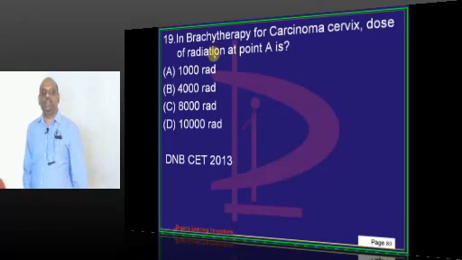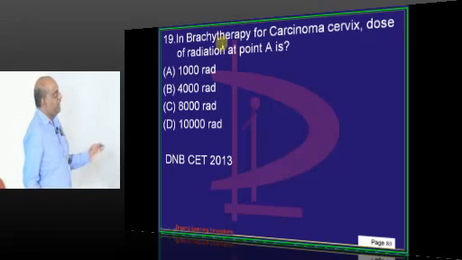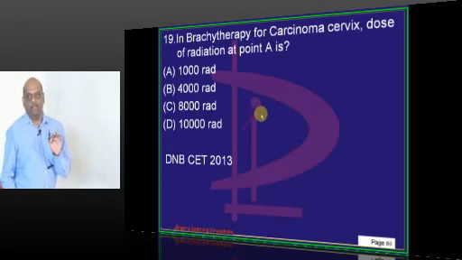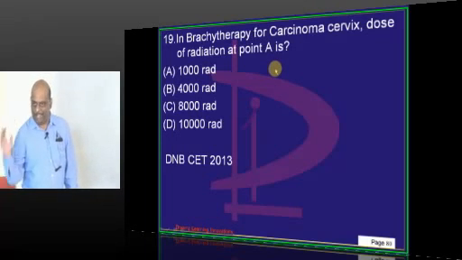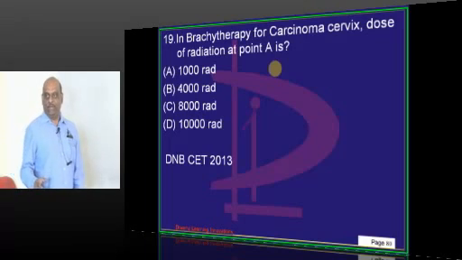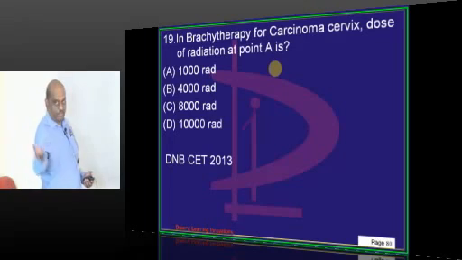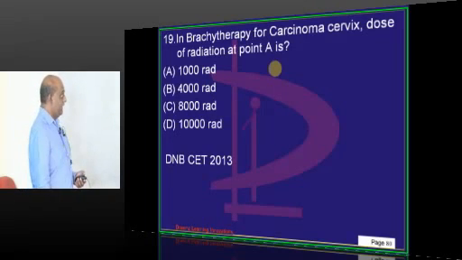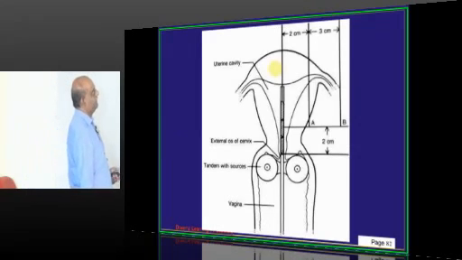Now comes the masala question of DNB CET, every entrance. Whenever you do brachytherapy of carcinoma cervix, what is the radiation that you will deliver at point A? So what is point A, what is point B, where are they located, and how much radiation you will deliver is the favorite issue. So what is your answer? 8? 8. Superb.